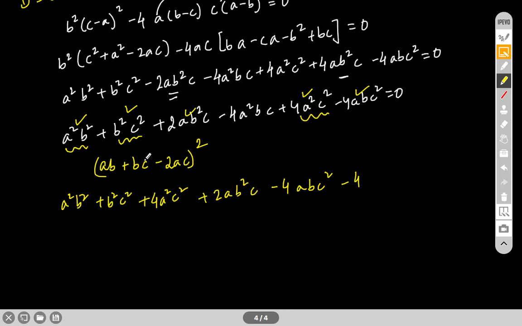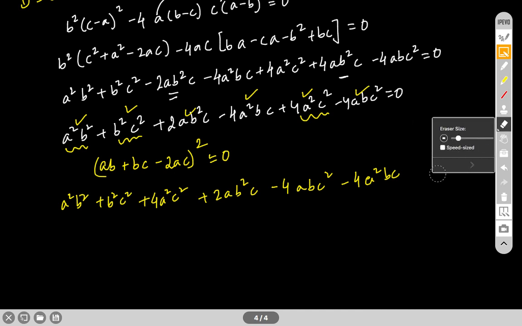This two I took care of, this two I took care of, and these two. So it will be minus 4a square bc. So this is this term. Ultimately, you have to identify that this is actually the perfect square of this term.